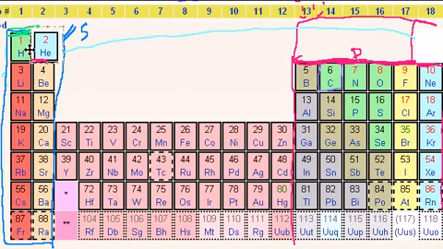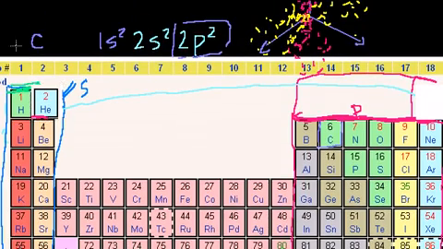Now you see that with helium, you get 1s, then you get 2s. So helium's configuration is 1s1, then 1s2. We're in the first energy shell. So the configuration of hydrogen is 1s1.